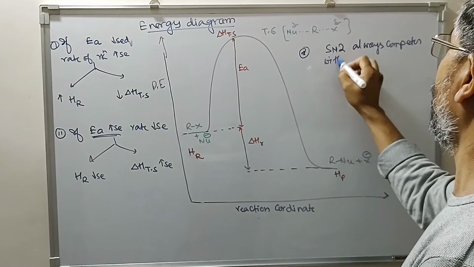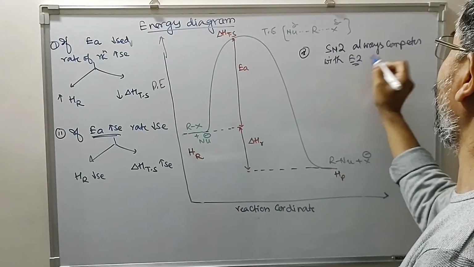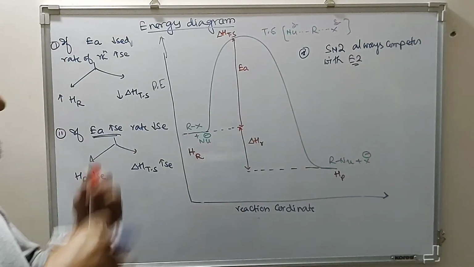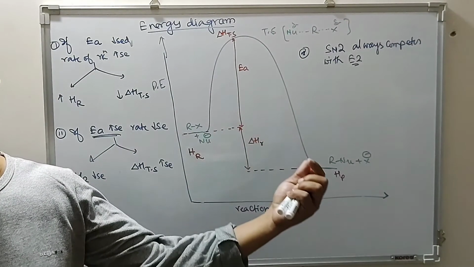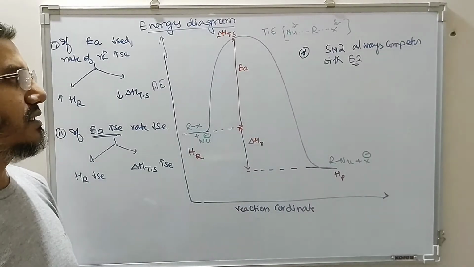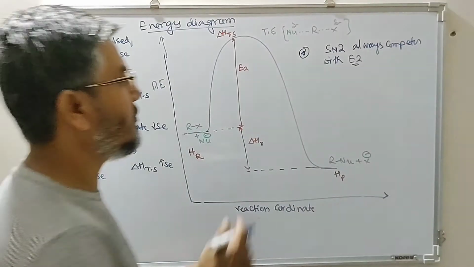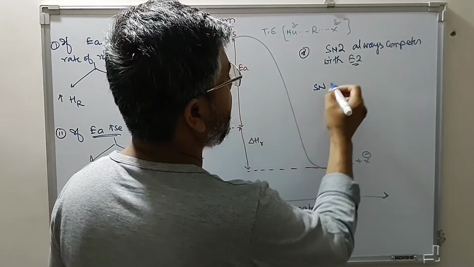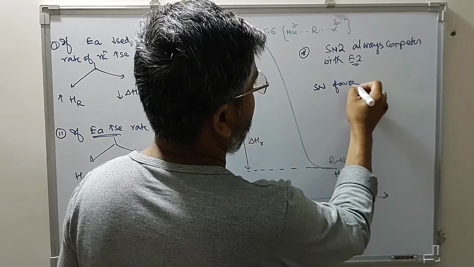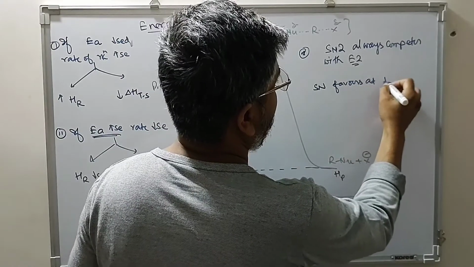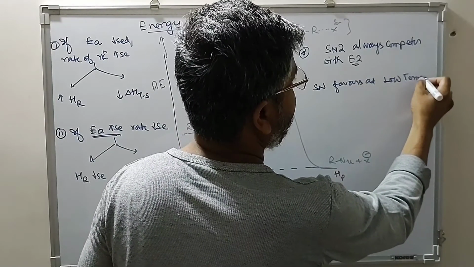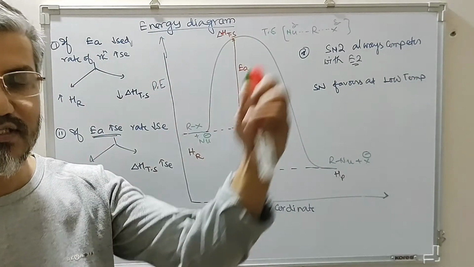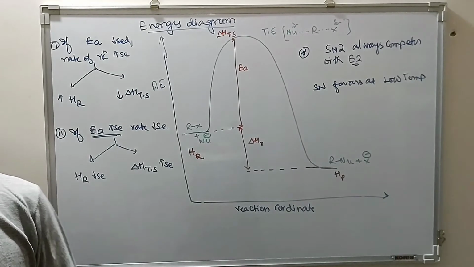It competes with E2 reaction. But by changing the reaction condition, we can increase the quantity of substitution or we can increase the quantity of elimination. So for this, look at this point: substitution favors low temperature. So if temperature is decreased, then the quantity of substitution increases and the quantity of elimination decreases.